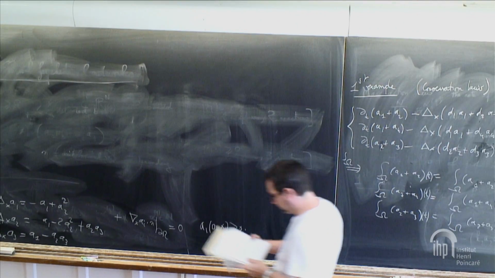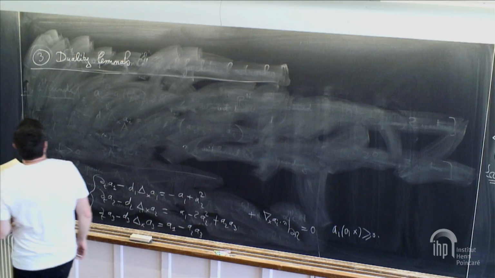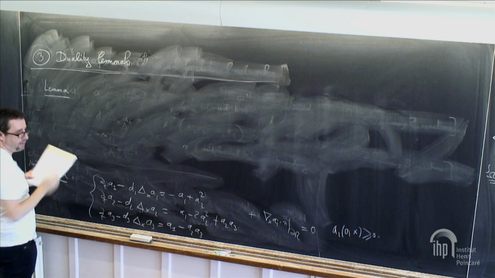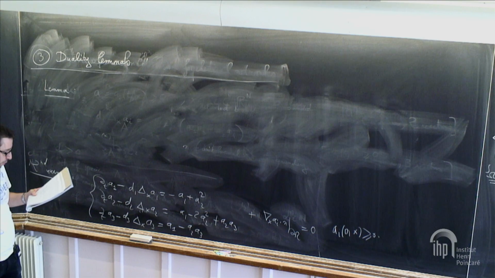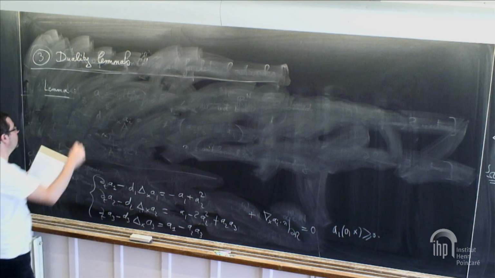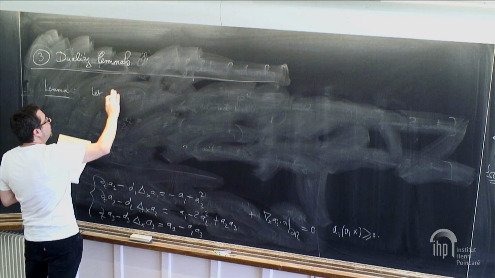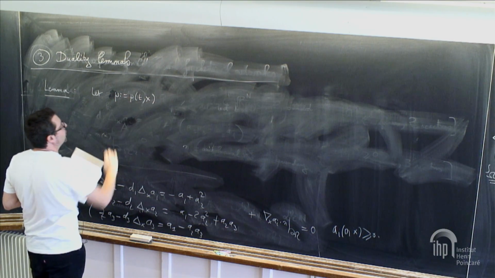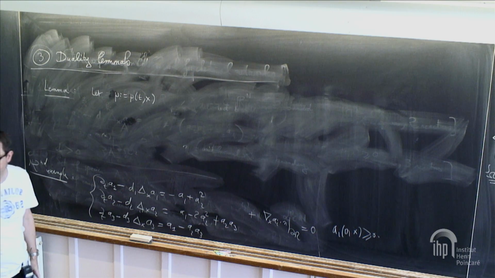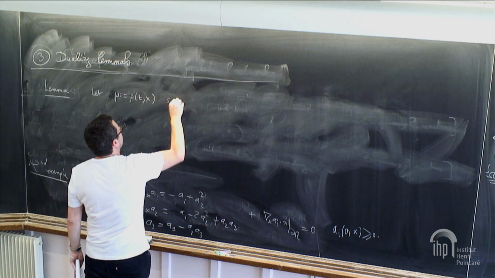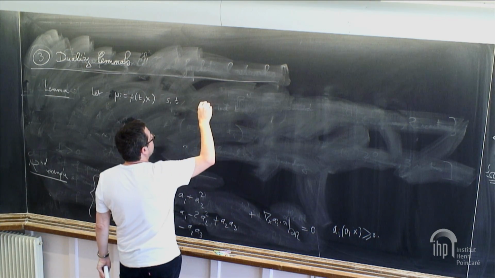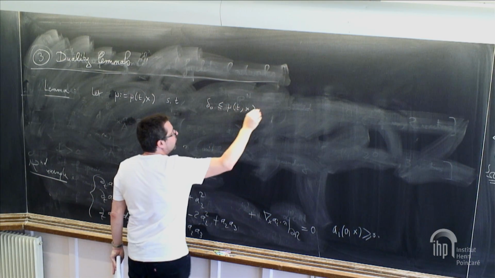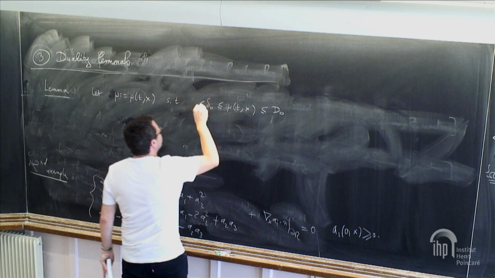So the main lemma says the following. Suppose that you take a function mu which depends on t and x, such that mu is bounded above and below by strictly positive constants. So suppose you have a situation like this.